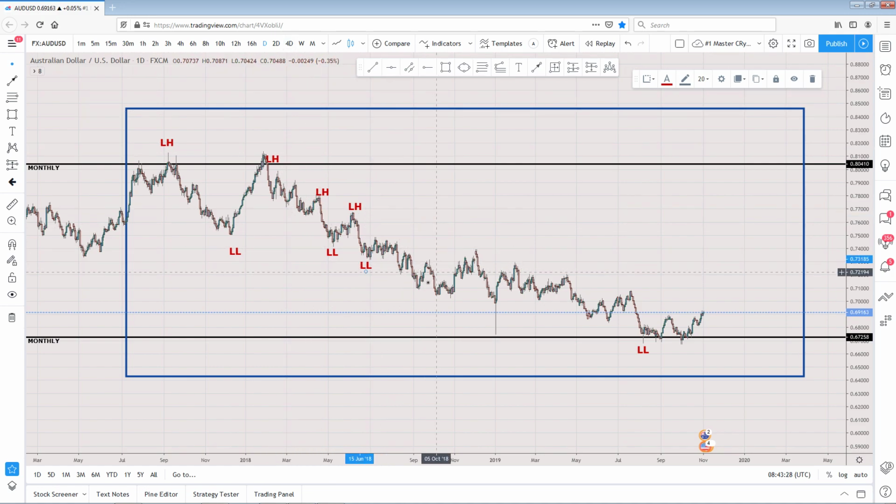We just examined the weekly. Now within the weekly structure, we're on the daily time chart here. You can see within the structure, there's structure. There's always structure.